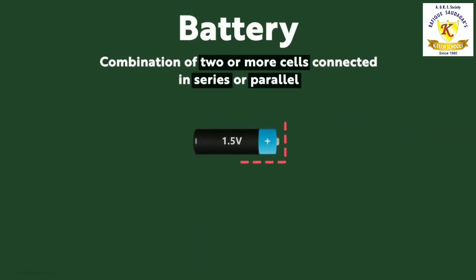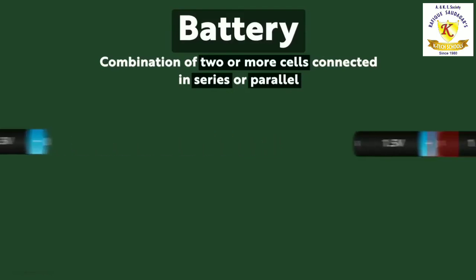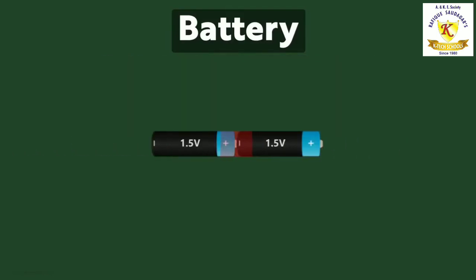In everyday life, we call this single cell a battery. But in physics, a battery is the combination of more than one cell. So this is a battery with a positive terminal on one side and a negative terminal on the opposite side.